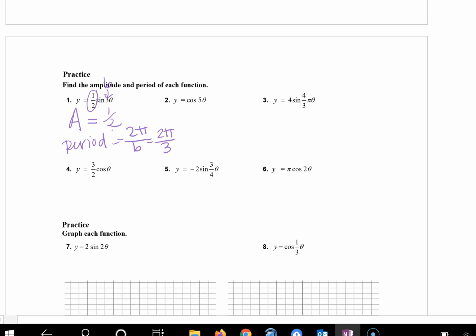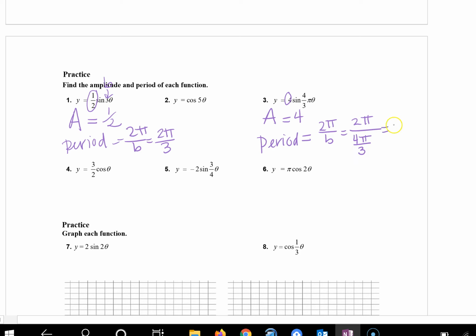Let's take a look at number 3. My amplitude would be 4, and the period is going to be a little tougher to figure out here. I want to do 2 pi over b, but the b is this crazy number of 4 pi over 3. Well, that's some division happening.